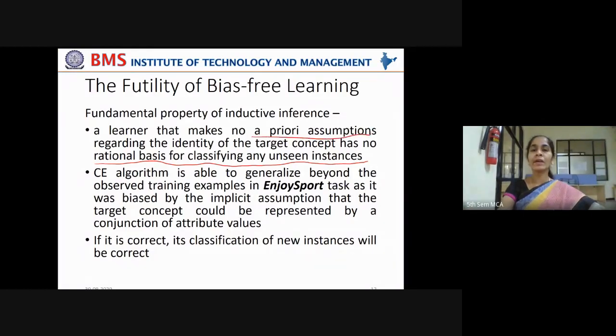A priori means before starting the algorithm. For the candidate elimination algorithm, what assumption is it making? That all conjunctions of the attributes only should be considered for the hypothesis. Disjunctions should not be considered. Such assumptions are very much required for inductive learning in order to make that learner generalizable, in order to make that learner predict most of the new points correctly.